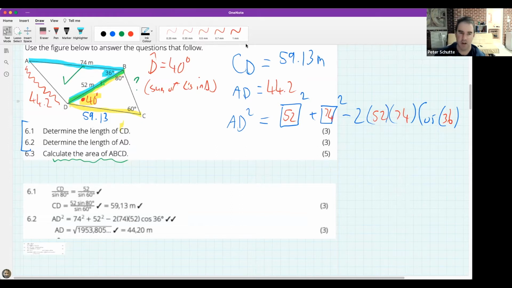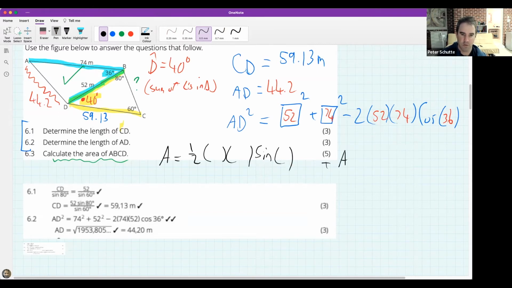So think about how the area rule is written out. It's always going to have this structure, half sine of some angle, and then they're also going to do that for the other triangle, which is that, and that.